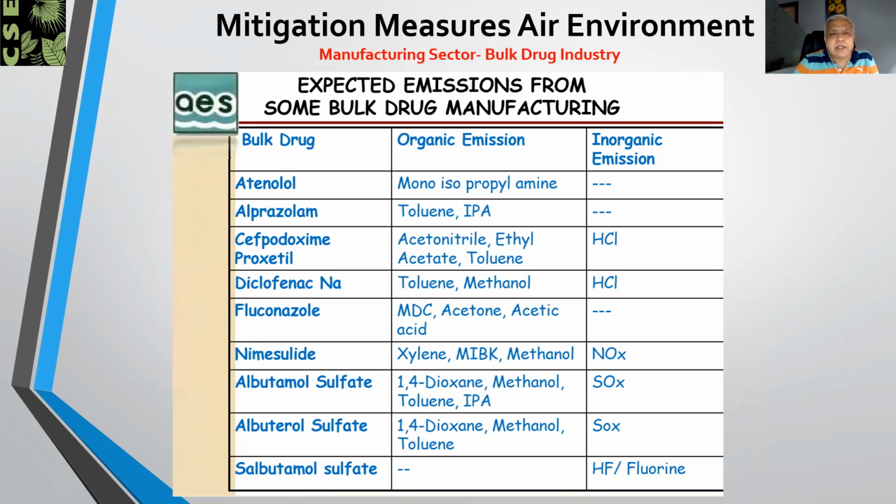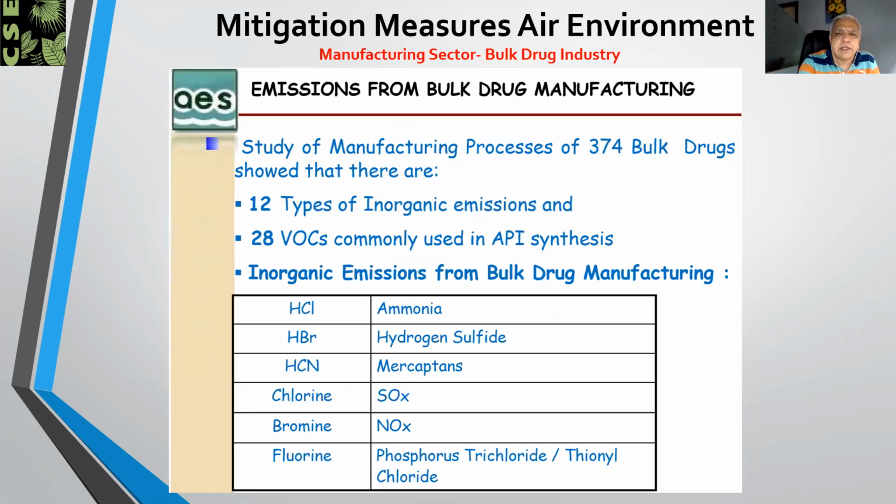Now, we had studied emissions from different types of processes like ethanol, we have listed the process and the type of organic emission which is likely, and inorganic emission which is likely in all these cases.